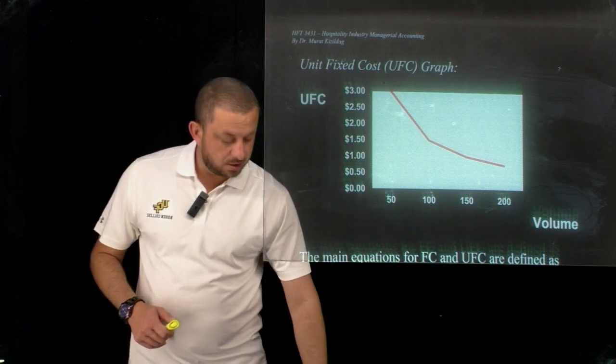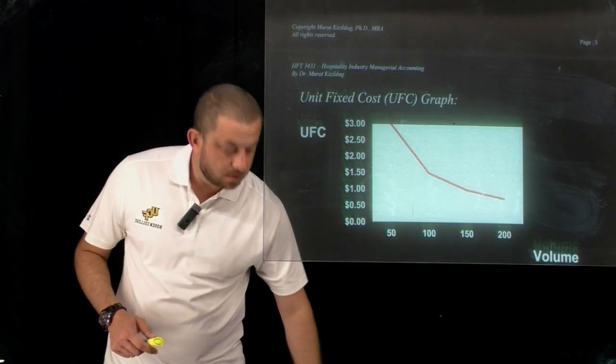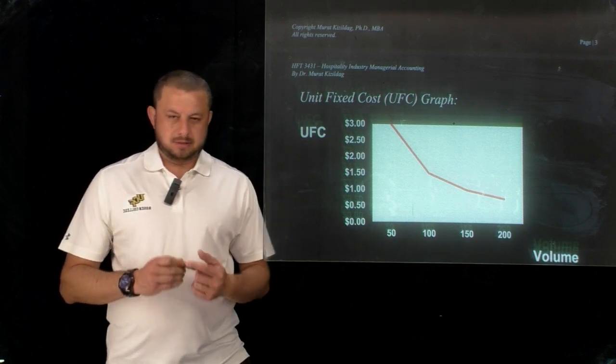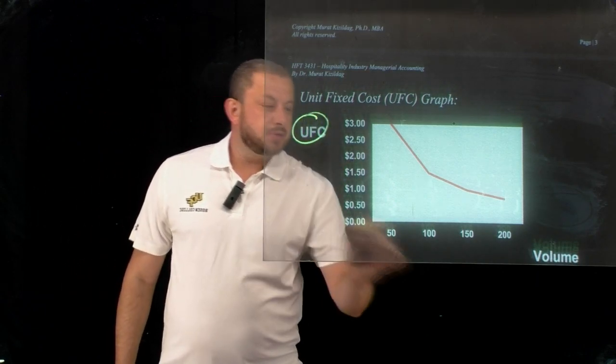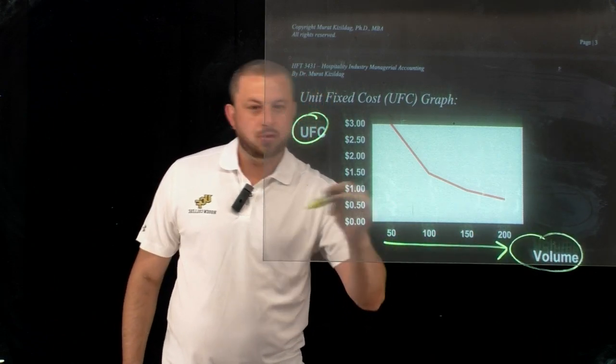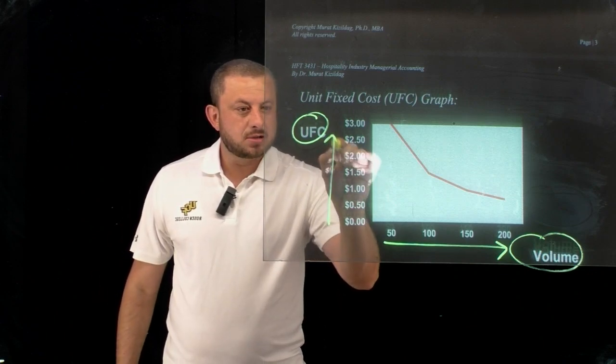Take a look at UFC over here. UFC has a different structure. Why? Let's analyze it. My UFC here, my sales volume here, from 50 to 200 rooms, and UFC from $0 to $3.